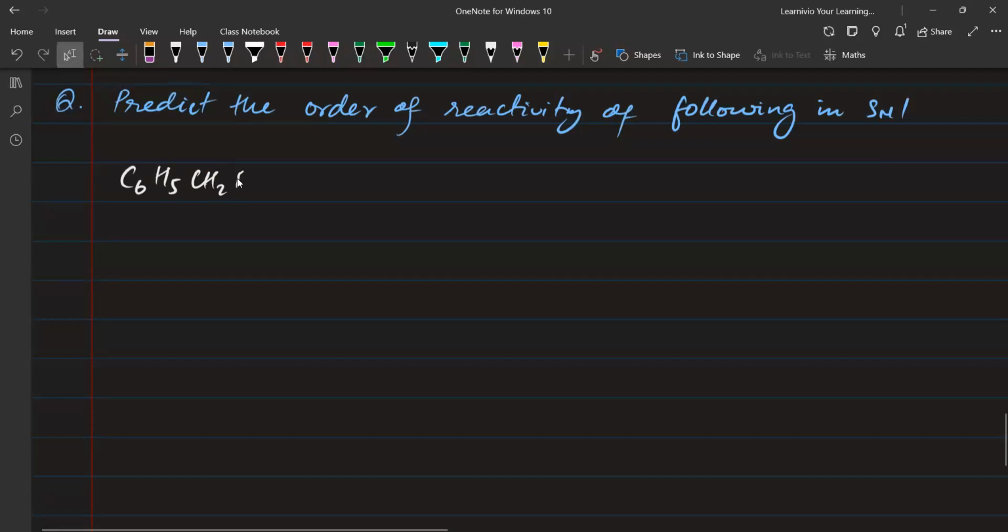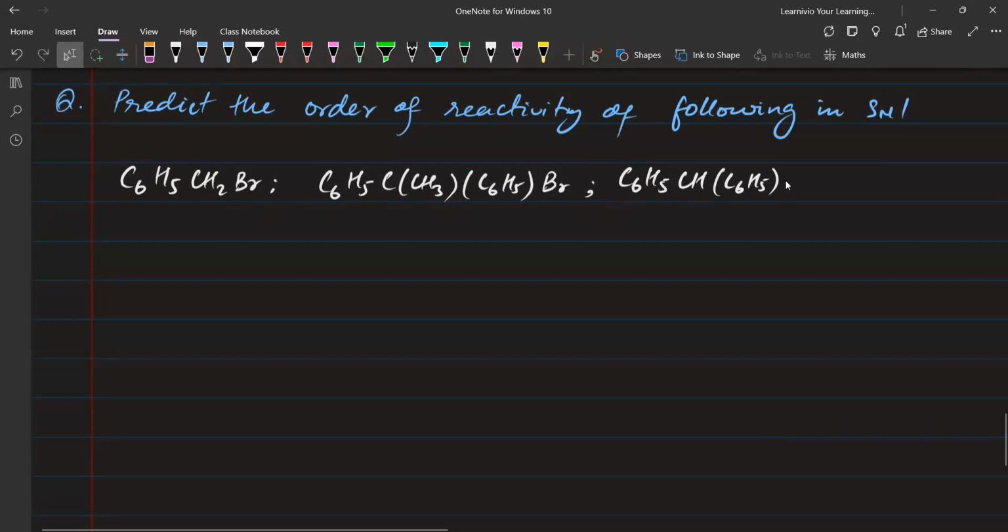C6H5CH2Br, C6H5 carbon, then CH3, then C6H5, and then Br. Then you have C6H5CHC6H5Br.